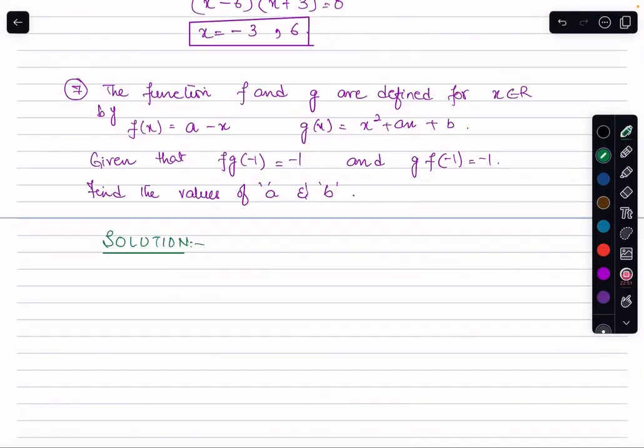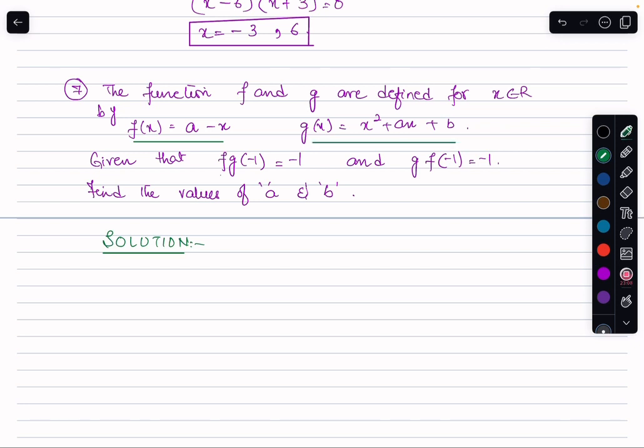The next question that we have here is for the functions f and g, which are defined for x belonging to all real numbers, such that f of x equals a minus x, g of x equals x squared plus ax plus b.